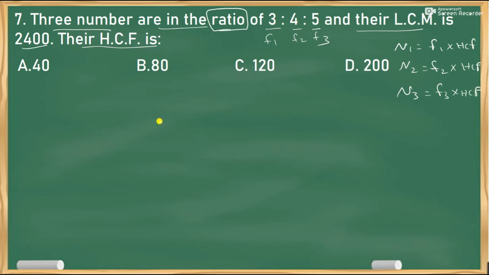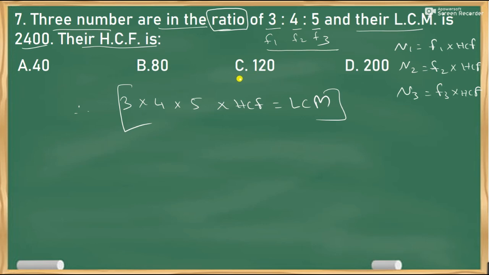Now I can say 3 into 4 into 5 into HCF is nothing but LCM. Many might be thinking how I got this. Quite simple. As I have told, F1, F2, F3 are co-primes.